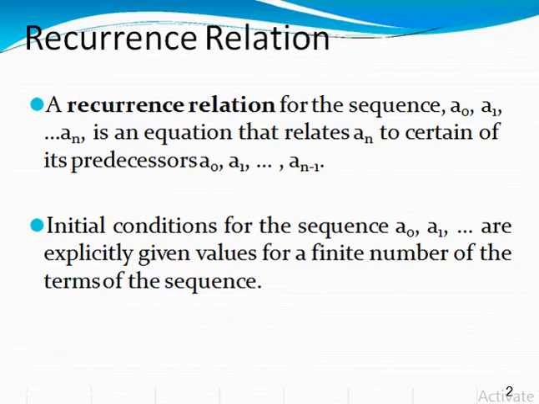Initial conditions for the sequence a0, a1 up to an are explicitly given values for a finite number of terms of the sequence. There should be a finite number of terms for the sequence.